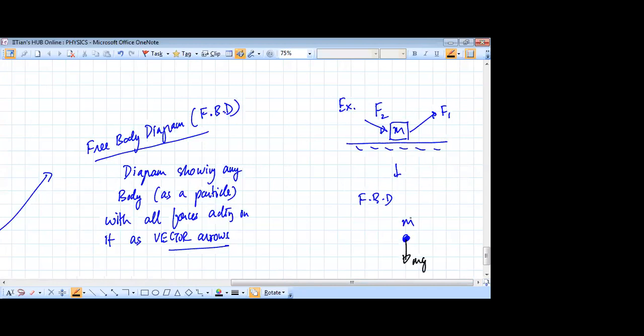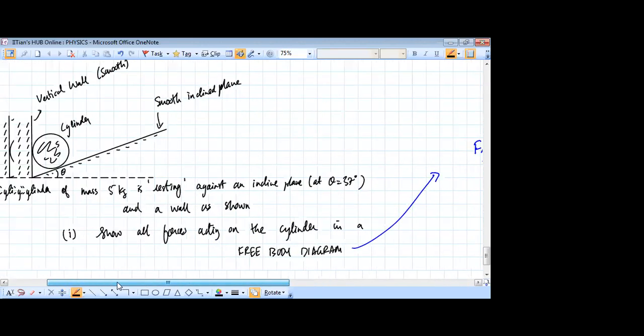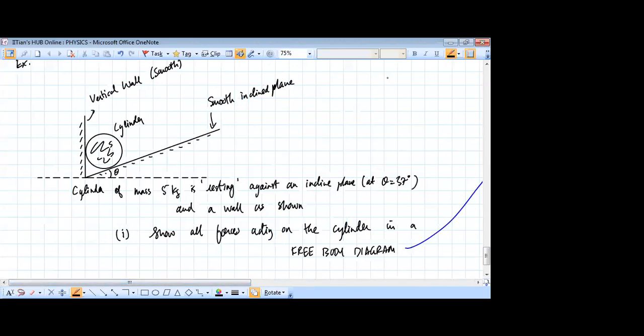So, mg, normal reaction, F1. This is the free body diagram. Okay, now try out this question.